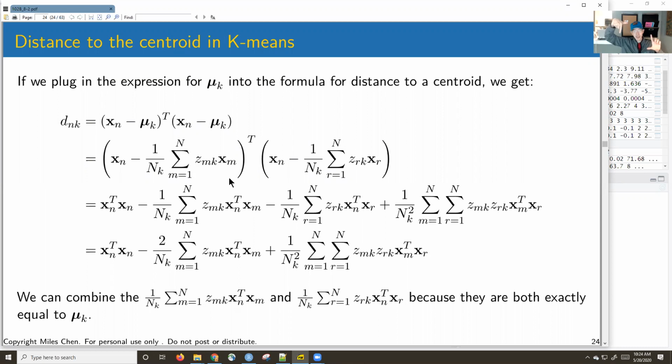If you have a double sum over a matrix, you're supposed to do every column times every row. But if this was xm and this was xm, then you'd effectively just be going down the diagonal of the matrix.